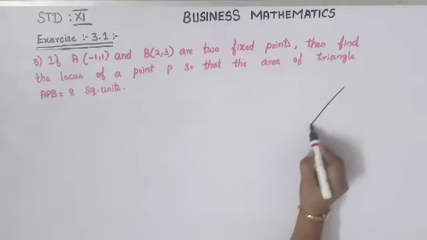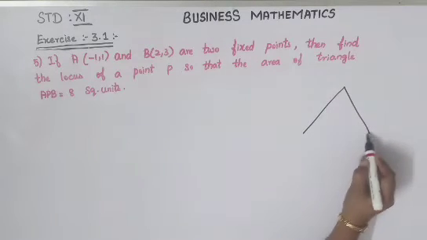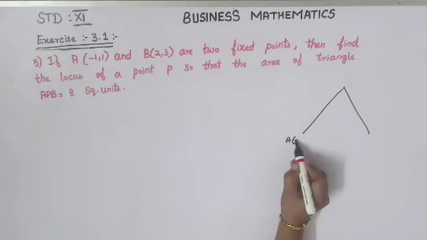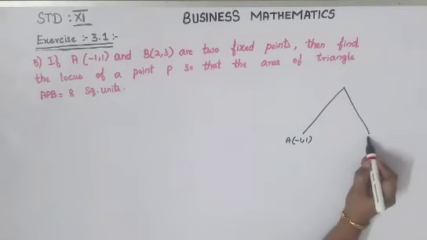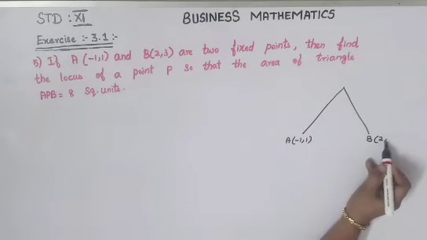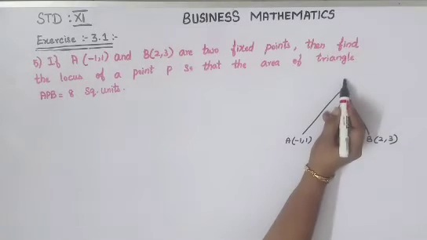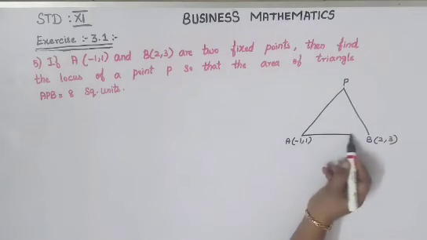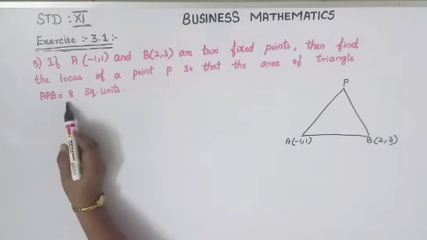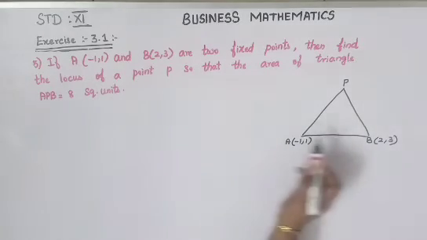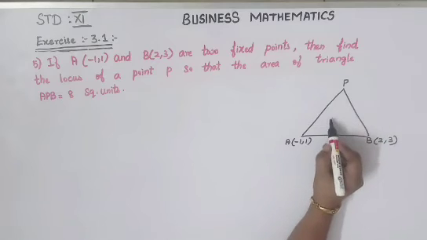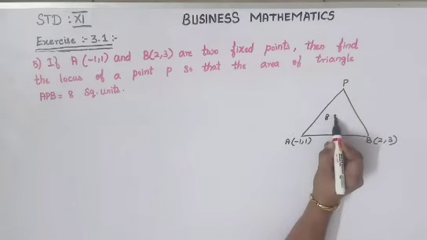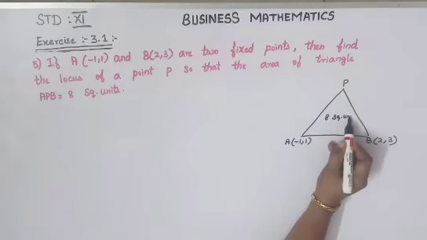So I will just mark it as A of minus 1 comma 1, and here this is B of 2 comma 3, and your fixed point is P, and it is given the area APB is equal to 8 square units. So we'll just mark this as a triangle, and the area is 8 square units.